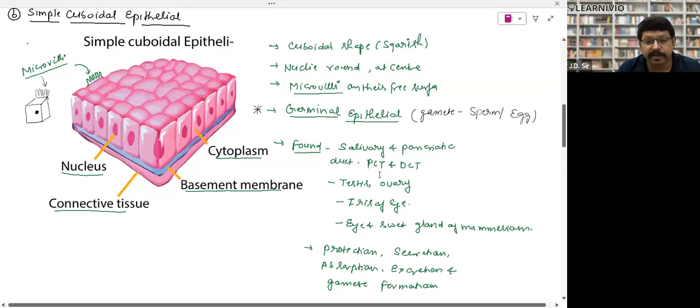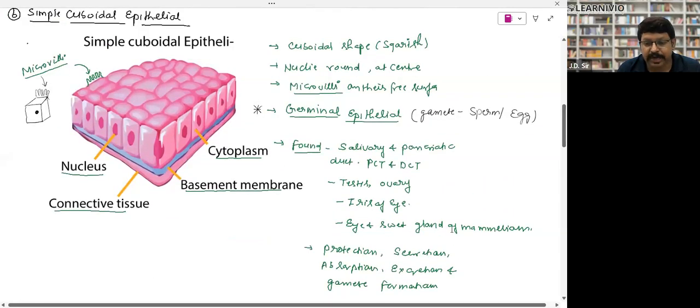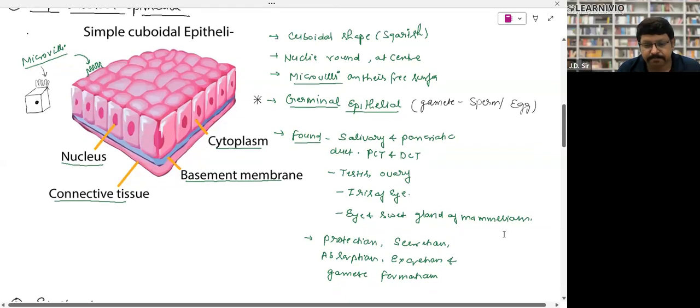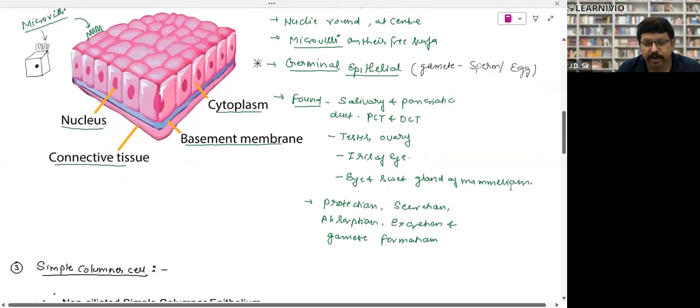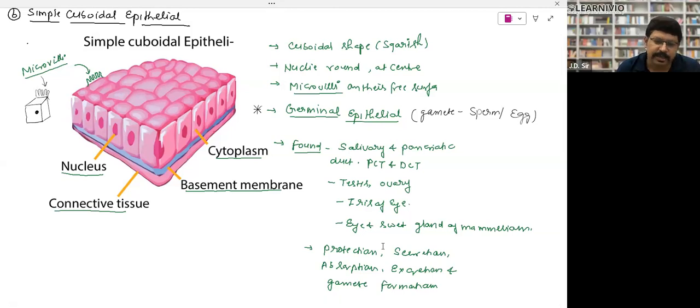They are found in the kidney nephron, testis and ovary, iris of the eye, and sweat gland and mammary gland. Their function: protection, secretion, absorption, excretion, gamete formation. That is all. Same, there is a basement membrane and connective tissue. Is that clear?